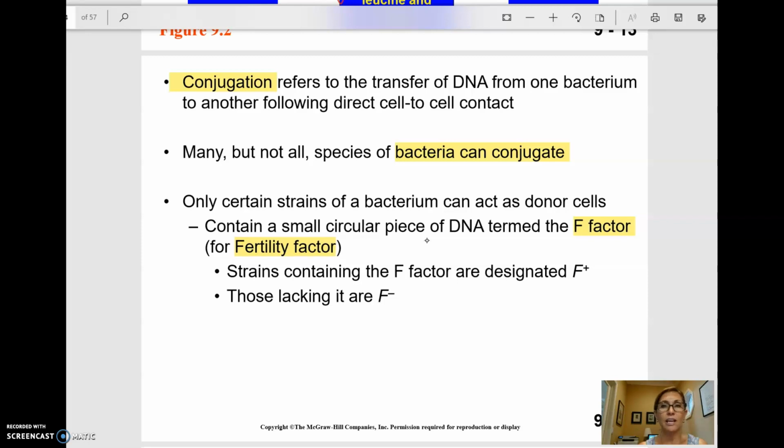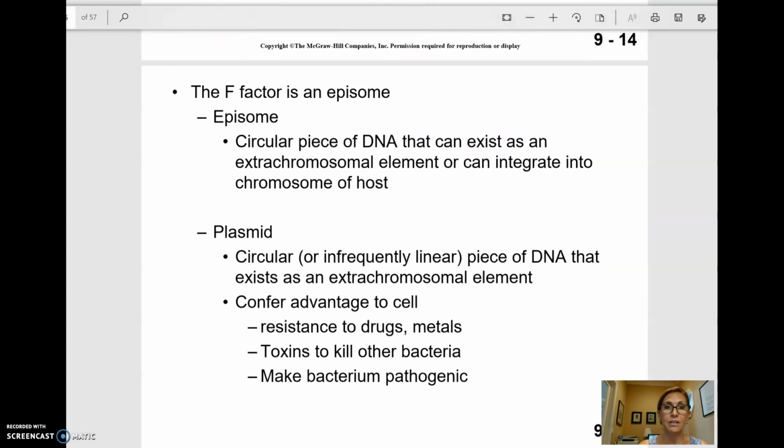It was just called F factor because at the time they were still working out what is fertilization and what is conjugation. So they called this F factor, or fertility factor. So what you have in this case are cells that have F factor, and they're designated F+. Cells that do not have F factor are F negative.